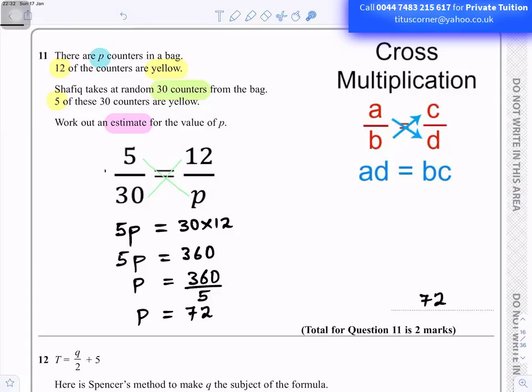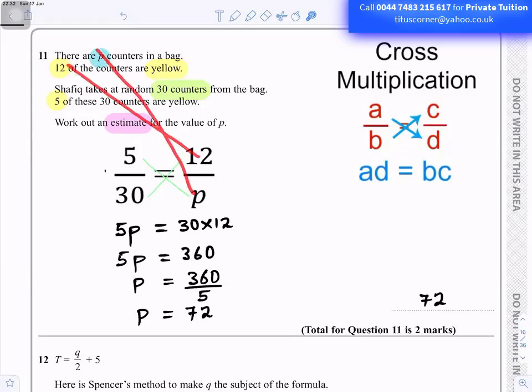So what we want is Shafiq takes at random 30 counters from the bag. 5 of these 30 counters are yellow. So 5 out of 30 is equal to 12 out of P, because we know there are P counters and 12 are yellow.